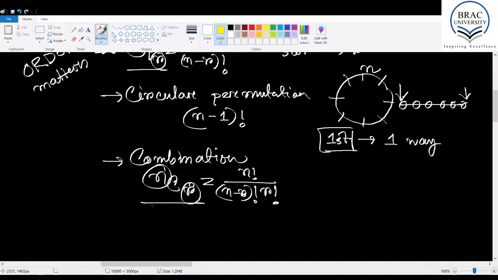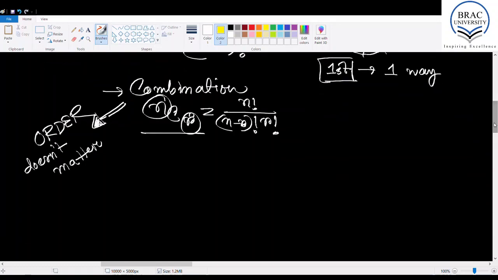So nCr refers to in how many ways you can choose r different elements out of n, and that is n factorial divided by n minus r factorial into r factorial. And a very important feature of combination is the order of the selection. Since combination refers to selection, order of selection doesn't matter in case of combination. This is the basic difference between permutation and combination.